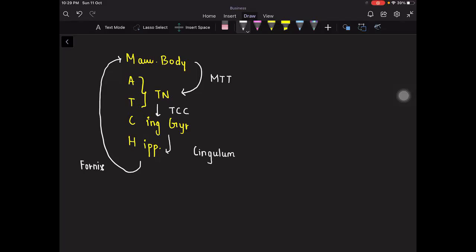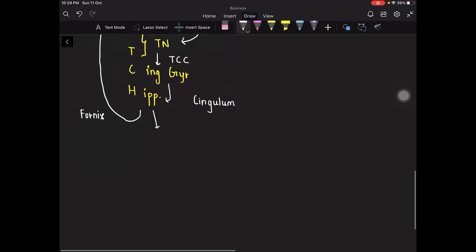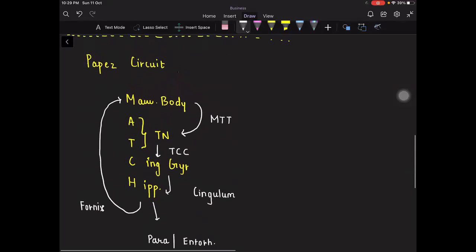It isn't really asked very commonly, so you need not memorize it, but it does not essentially go to the hippocampus directly. Where it goes is to the parahippocampal gyrus and to the entorhinal cortex. All right. And what is the function of this entire circuit?